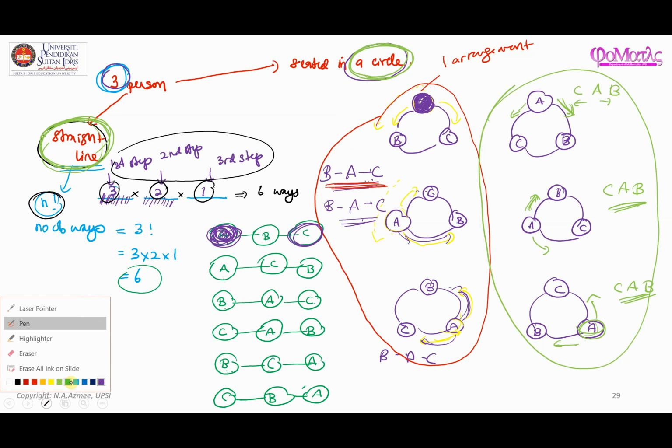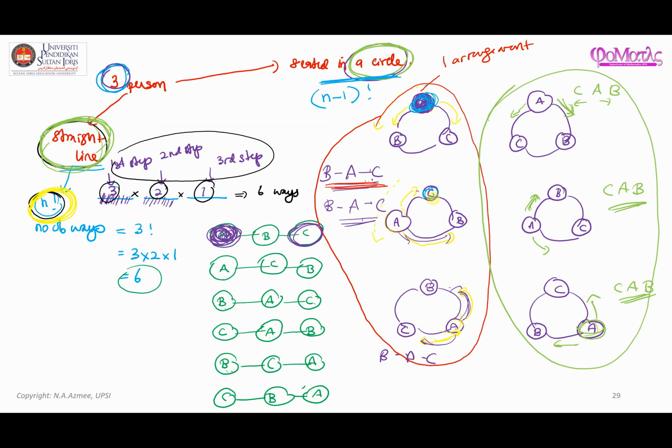Since people sitting in a line is given by n factorial, in the case of a circle the formula for the number of arrangements is n minus 1 factorial, due to the fact that the same person sits at the beginning and at the end.